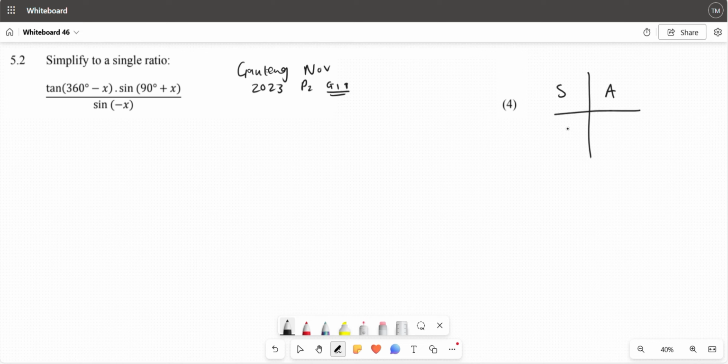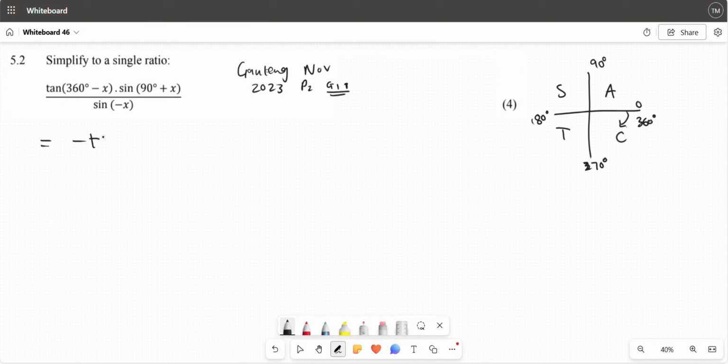All students. Alright, we have 0, we have 90 degrees, we have 180 degrees, we have 270 degrees, and we have a 360. So if it says 360 minus, it puts me in this quadrant there, and tan is negative in that quadrant.